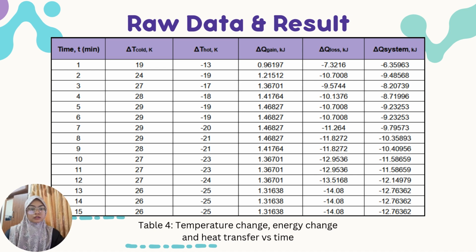So here is the table 4, which includes all the data, which are the data T cold, data T hot, data Q gain and Q loss, and also the data Q system versus the time. So the standard deviation percentage here I calculated is equals to 17.71%.